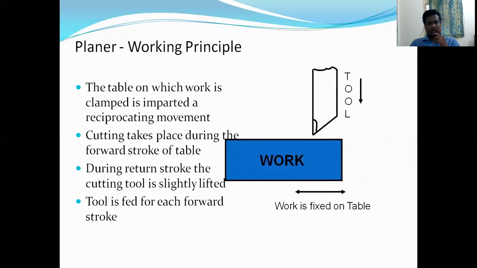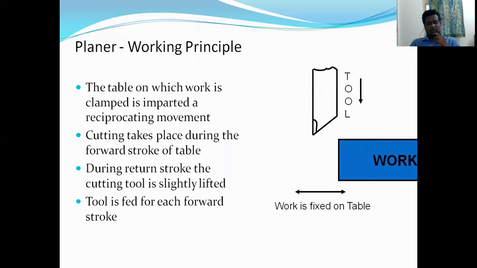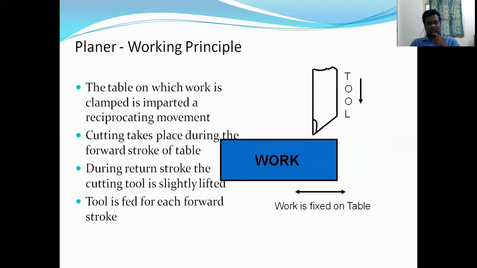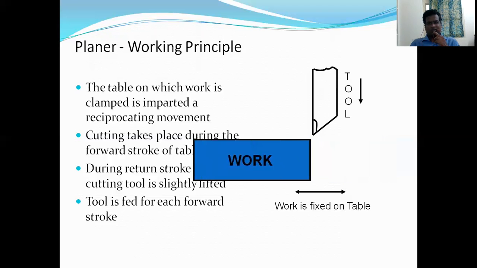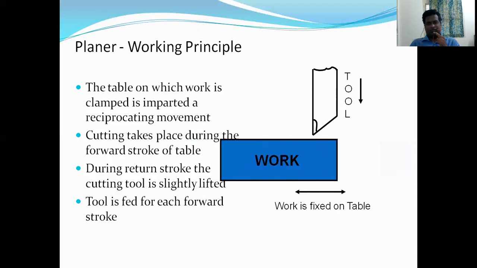So, for that reason, the tool is lifted in the return stroke. It may not touch the workpiece because the workpiece continuously reciprocates. There is no change, or there is no feed, or any other motion.